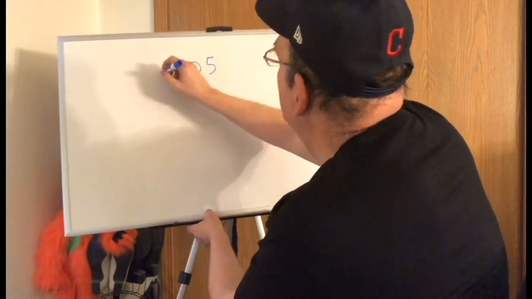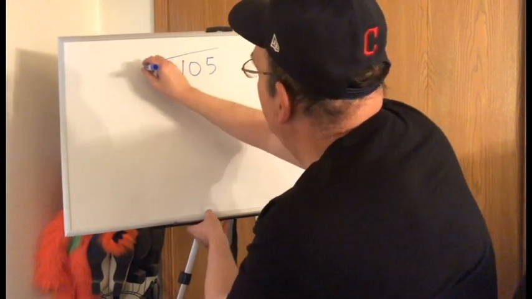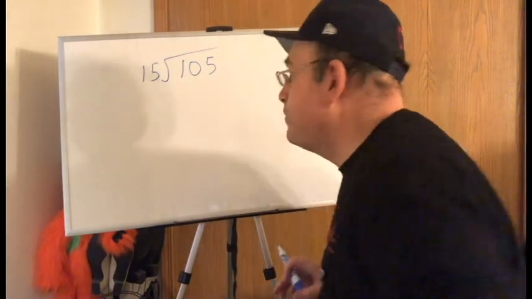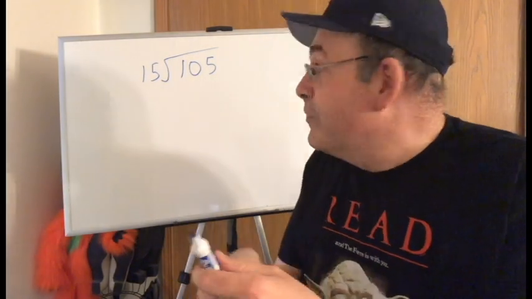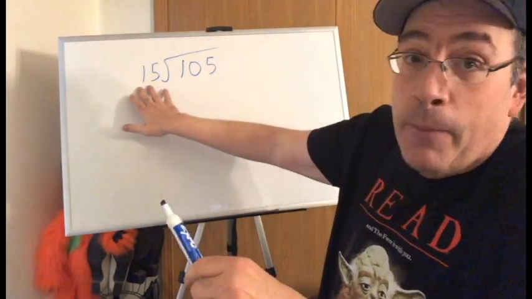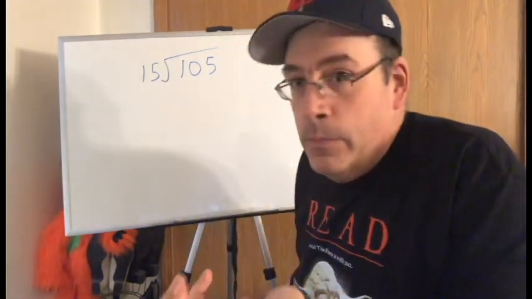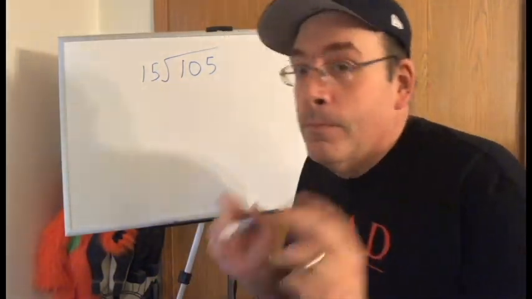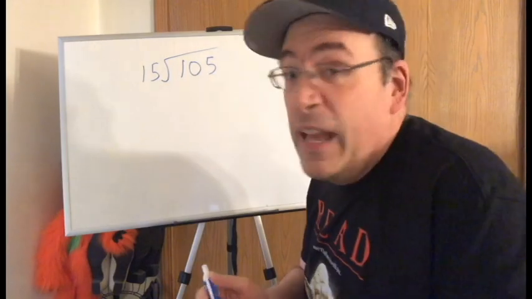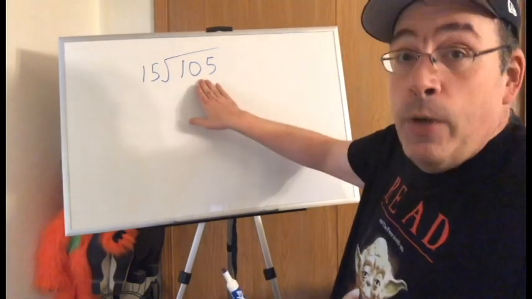105 divided by 15. Okay. Like the last one that we did, I don't have my 15s memorized. So we're going to do a little bit of guessing and checking like we did on the last one. Friendly numbers, 5 times 10 is 150. That's too high.